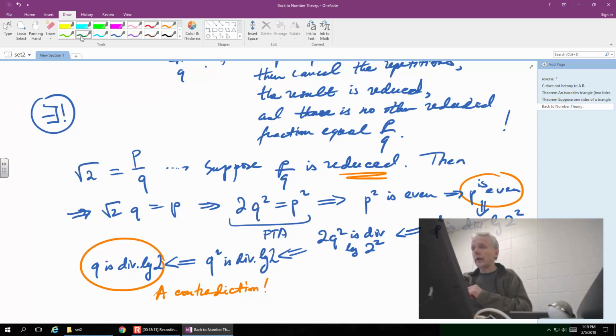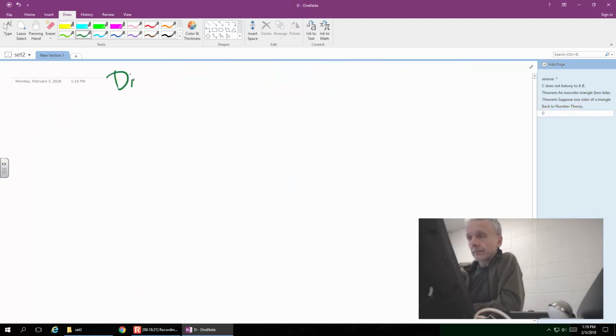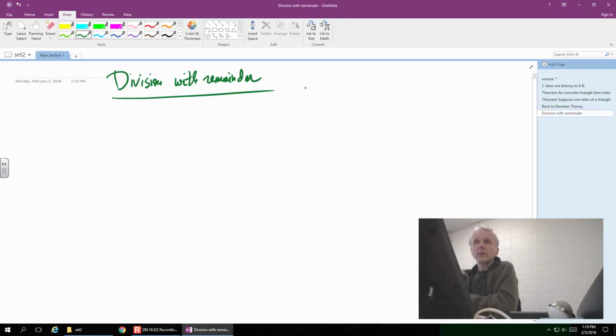Okay, so next I want to do the division with remainder. So I mean, when we have a fraction and it is reduced, suppose, and in the meantime it's not reduced all the way, so it's not an integer.